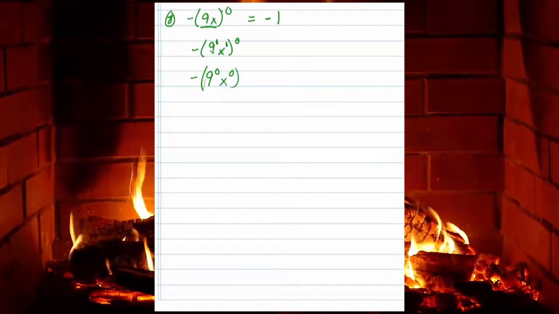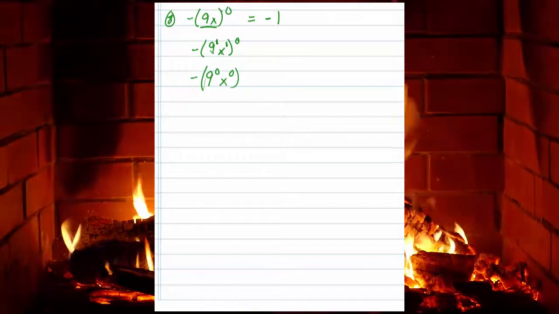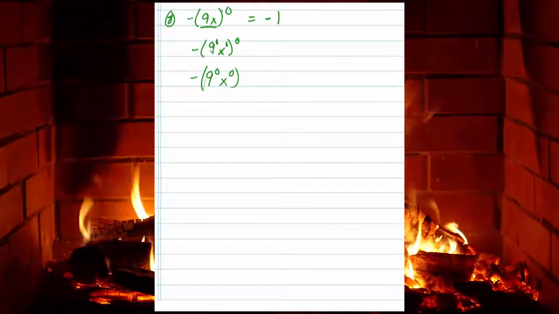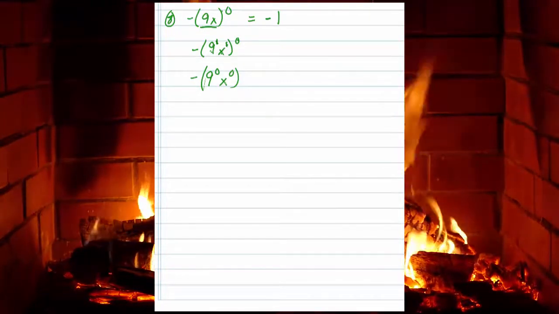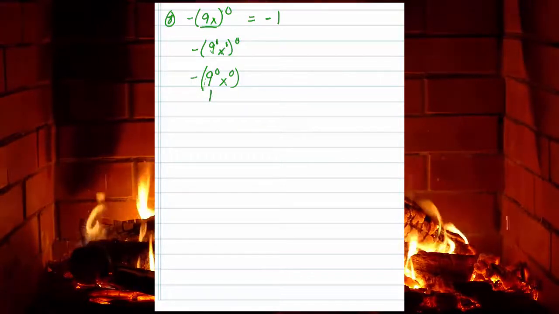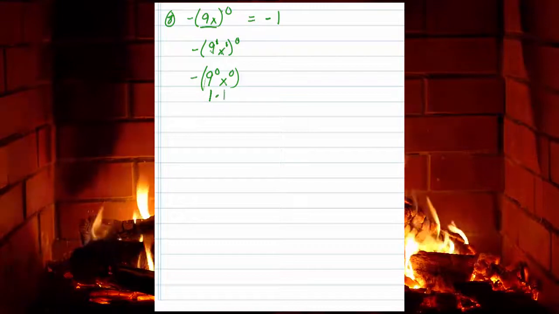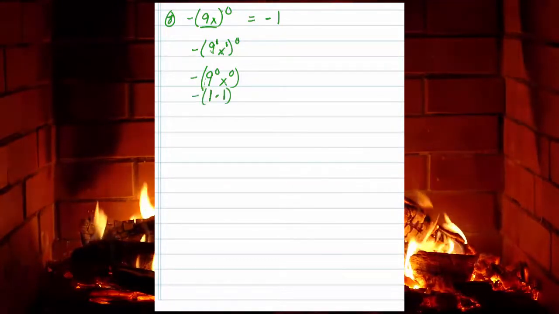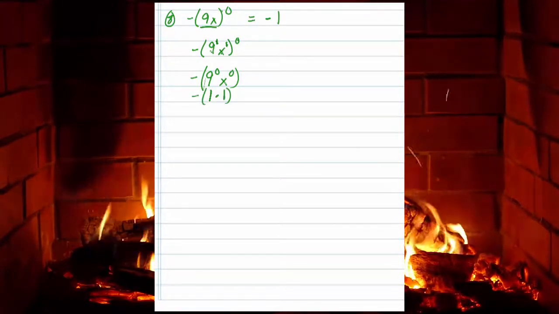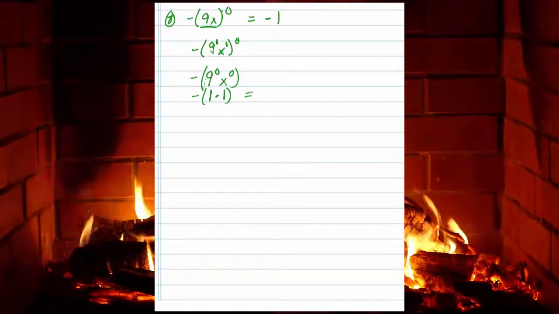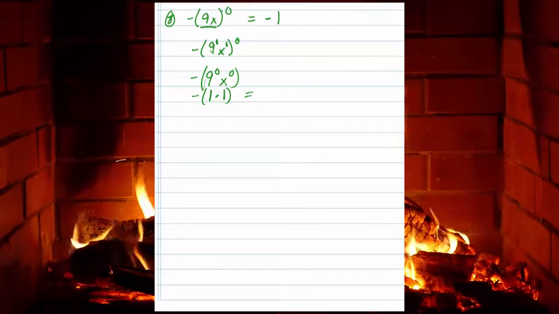And we could simplify both of those exponents. We would end up with 9 raised to the 0th power, which is 1, times x raised to the 0th power, which is also 1. And when we finalize this problem, we determine that 1 times 1 is 1, so our solution is negative 1.